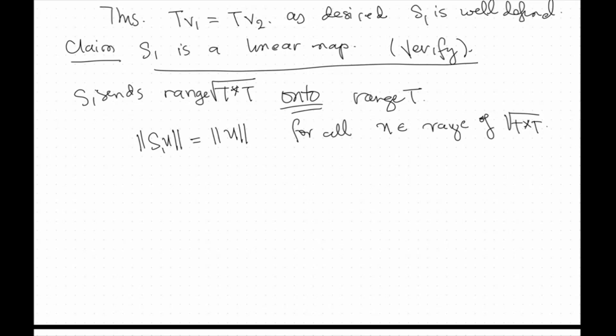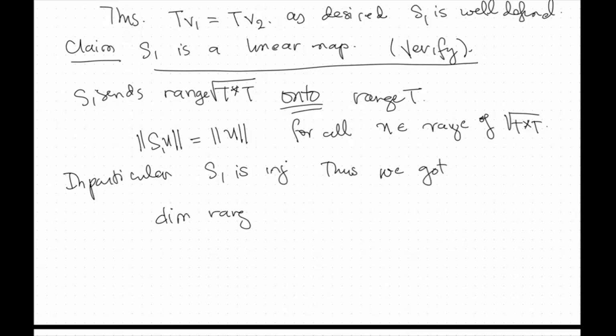In particular, S1 is injective. Thus we have the dimension of the range of the square root of T star T is equal to the dimension of the range of T, by the fundamental theorem of linear maps.